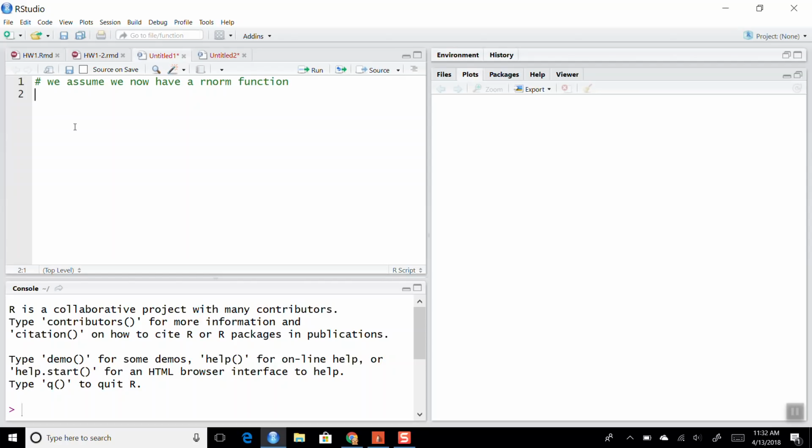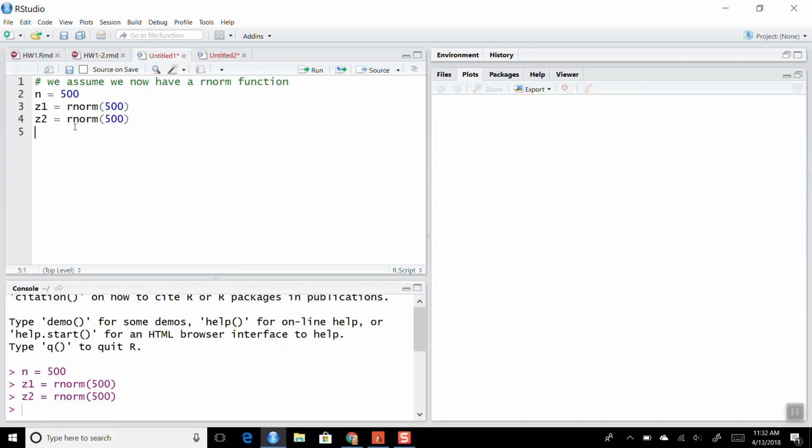And so here I can generate z. Let's do n is equal to 500, okay? And then z1 will be rnorm 500, and z2 will be rnorm 500, okay? I'll just use equals here. So I've got that, and then we will define capital Z as, I'm going to just bind Z1 and Z2.